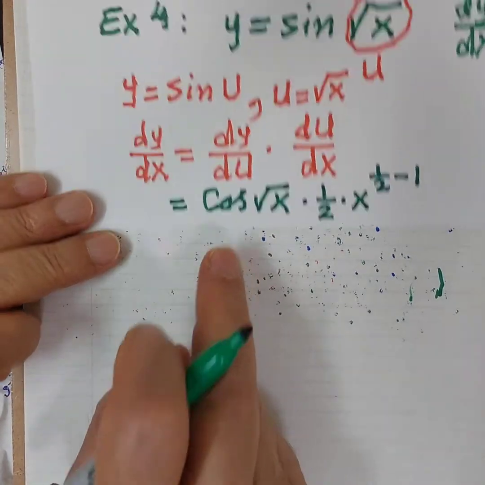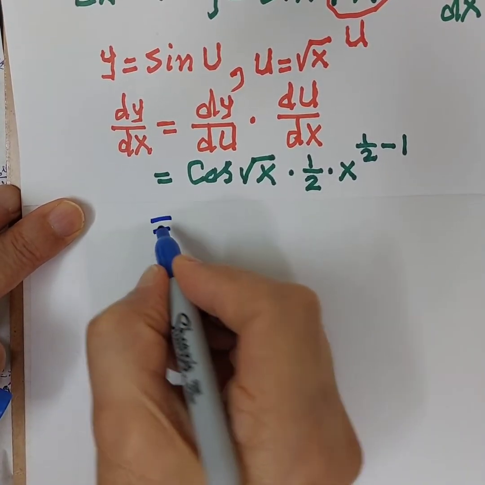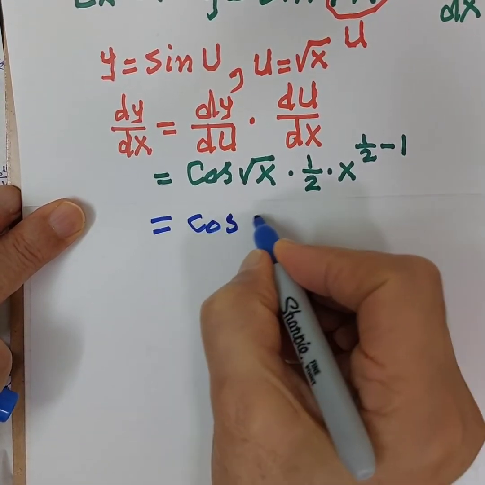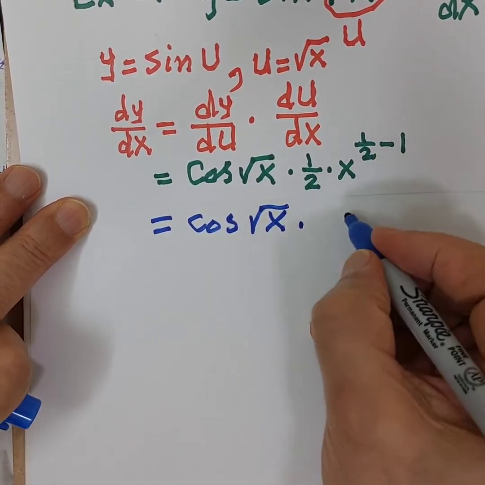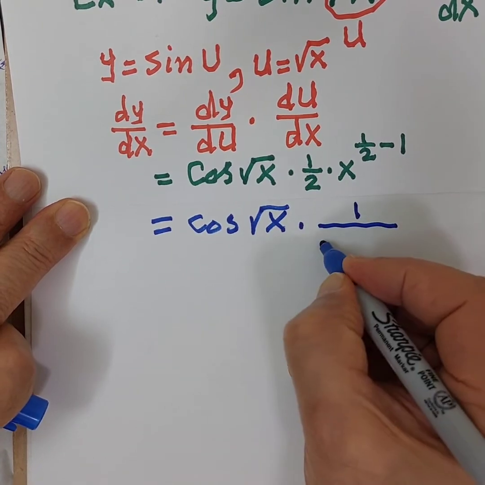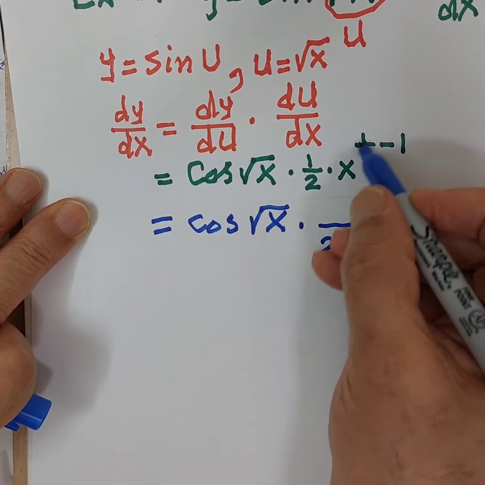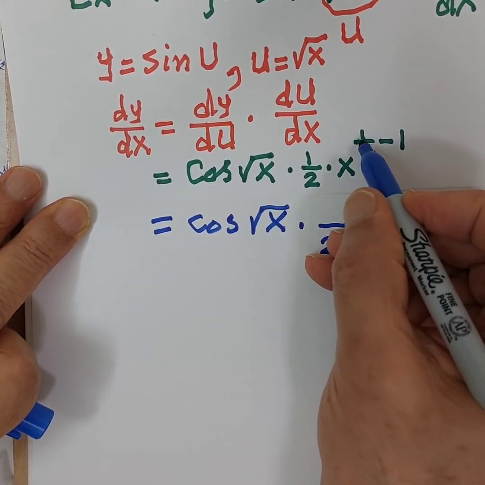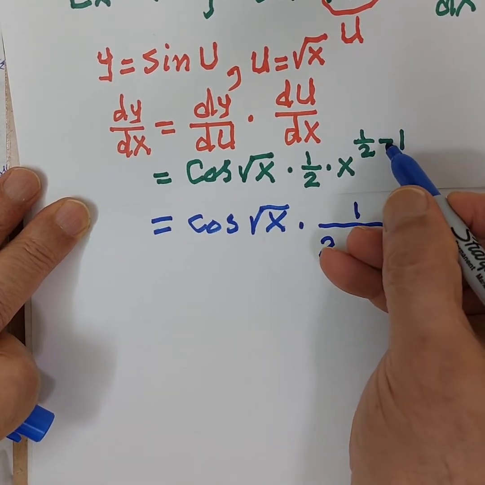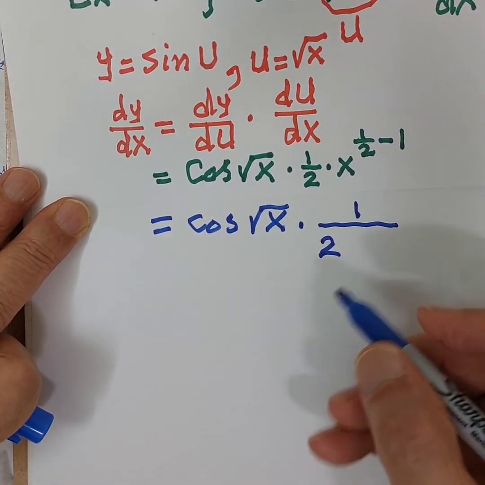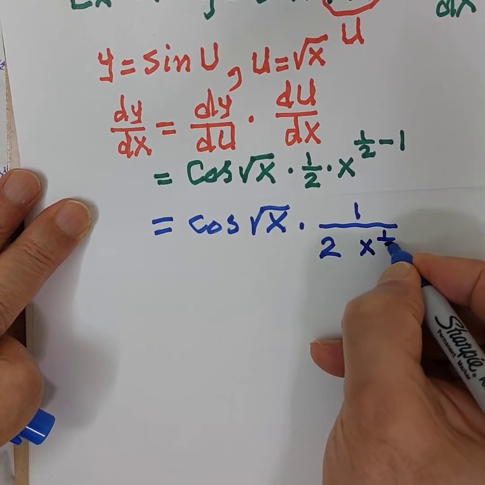To simplify all this answer, this cosine square root of x times here also 1/2, this 2 in the bottom here, and this because the power now will be negative, 1/2 minus 1, that means minus half. So to change into positive should be put in the bottom, so it will be x to power 1/2.